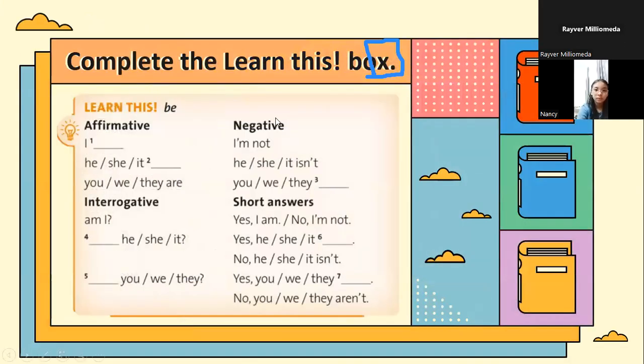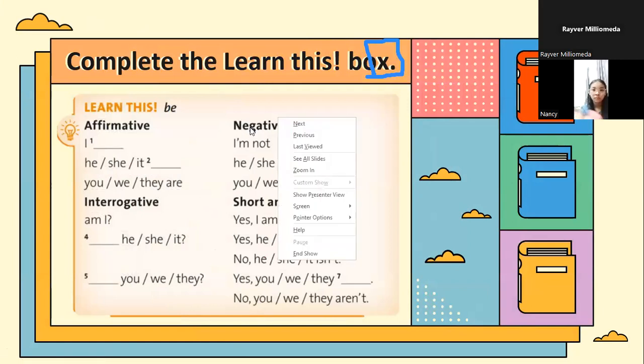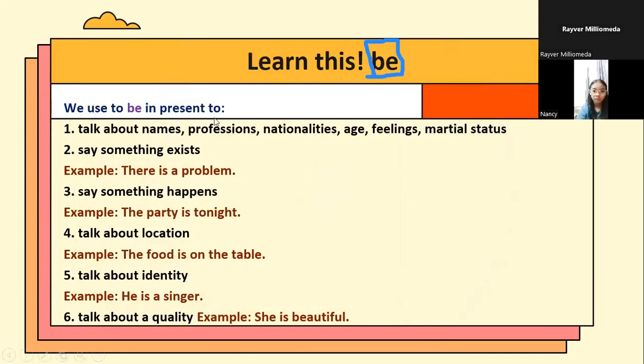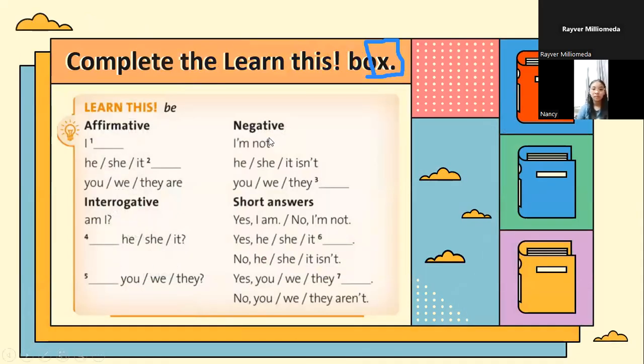Okay. Before we proceed to the next, do you have any questions? No. Okay. So complete the Learn This box. Learn this.